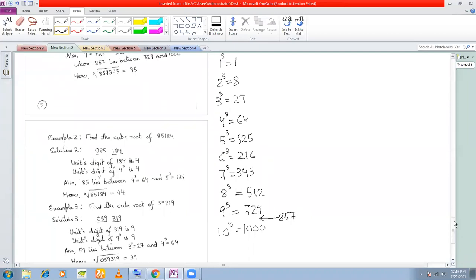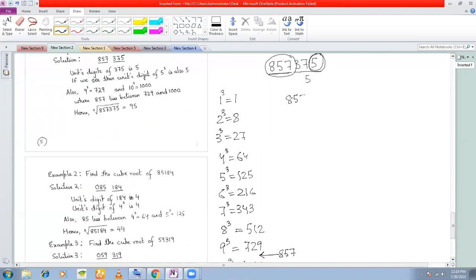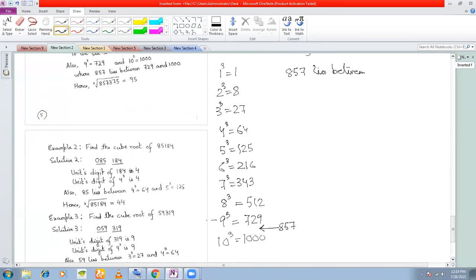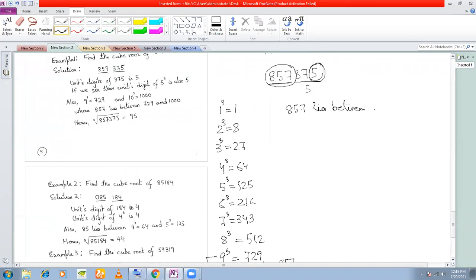So 857 lies between 9 cube and 10 cube, right? Which is the lower of the two from 9 and 10? 9 is the lower number. So write 9 here. So therefore you can write cube root of 857,375 must be equal to 95.